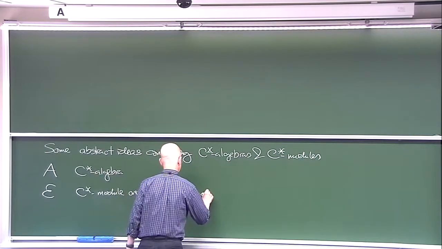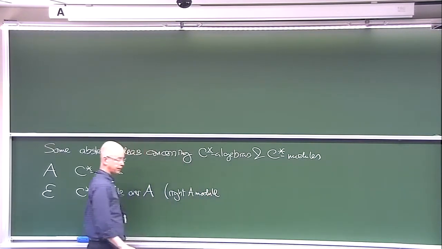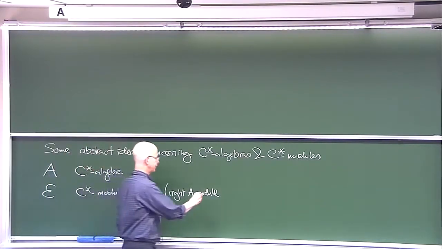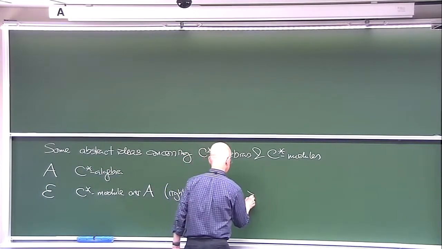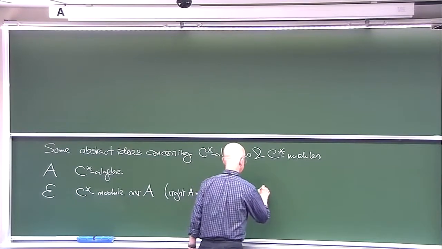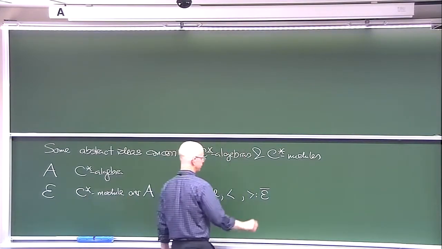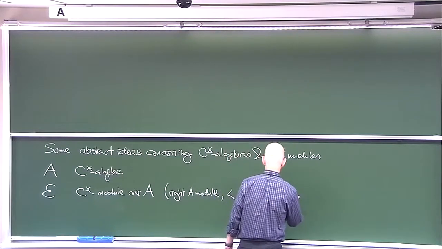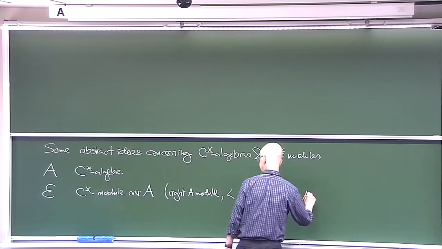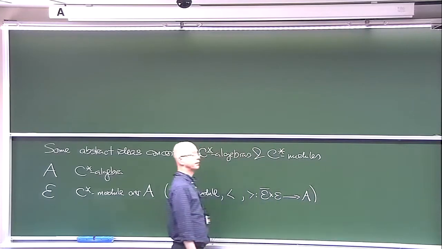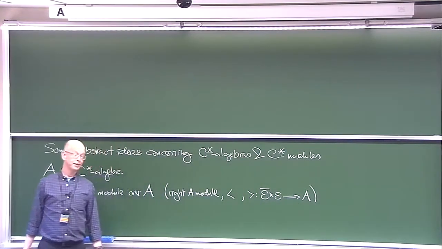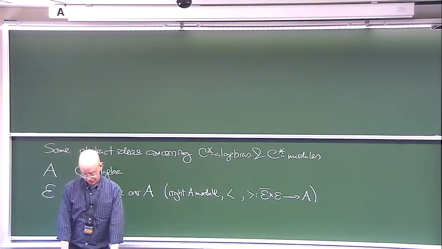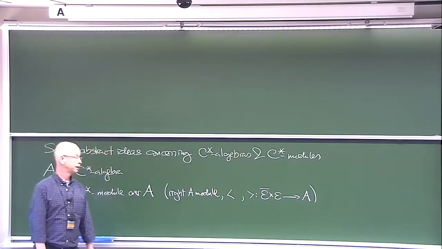You can multiply elements of E by elements of A on the right, and there's an inner product, which is conjugate linear in the first slot, even with respect to the action of A, and then linear in the second slot. And it's valued in A. And it satisfies the axioms that you would expect of an inner product, as in a Hilbert space inner product.